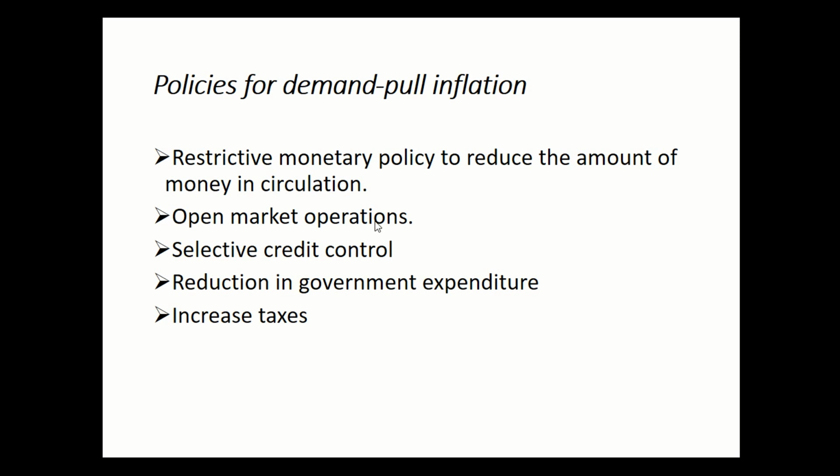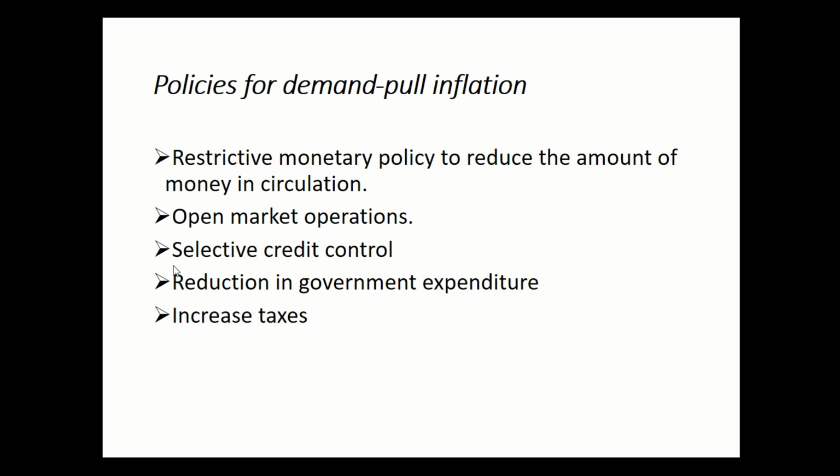When the government wants to reduce the amount of money in circulation, it puts financial securities on the market and people buy. When people buy the securities, money moves from the public to the government, and this reduces the purchasing power of the people.